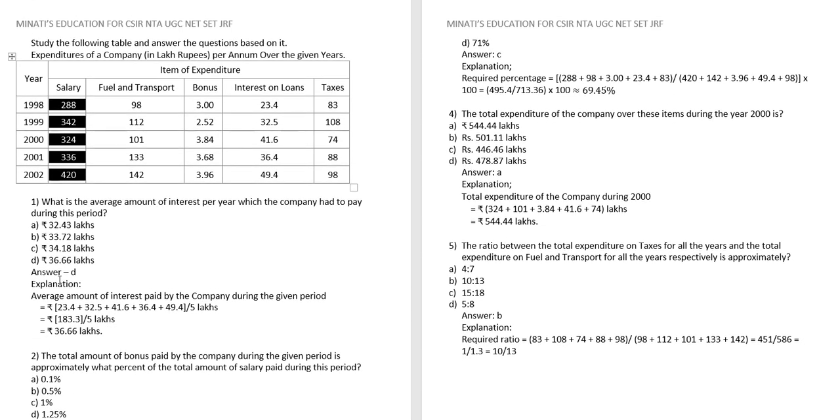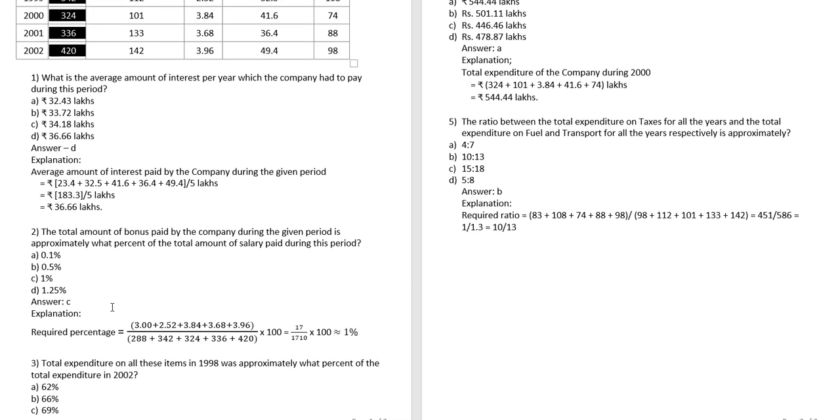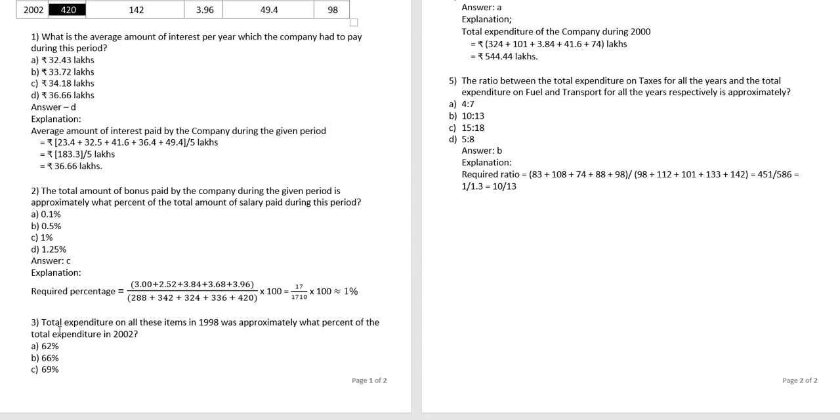If you practice a little bit, I think you will get the 5 questions on data interpretation, and you will get the 10 marks. This is very easy. Come to question number 3. Total expenditure on all the items in 1998 was approximately what percent of the total expenditure in 2002?